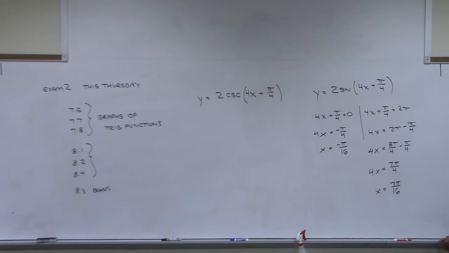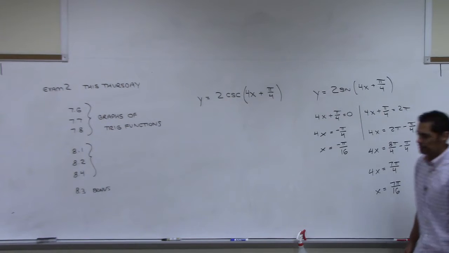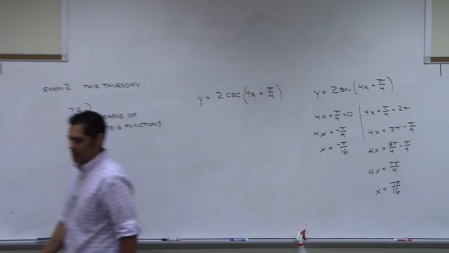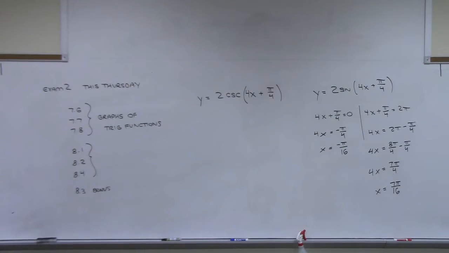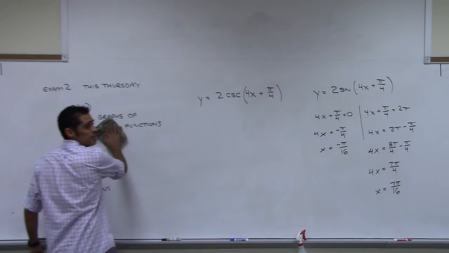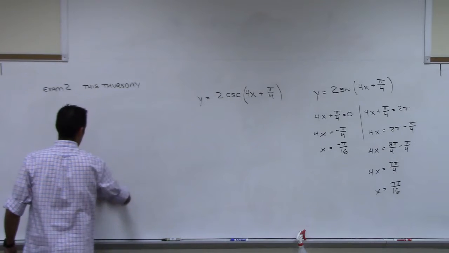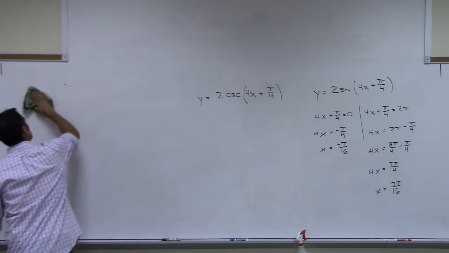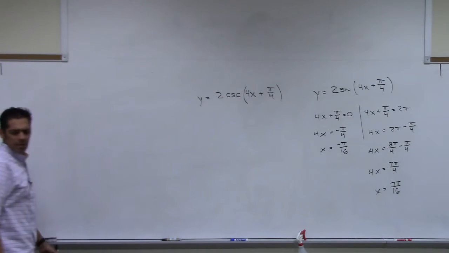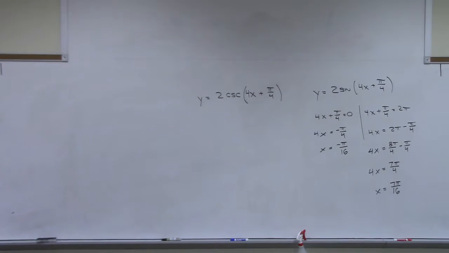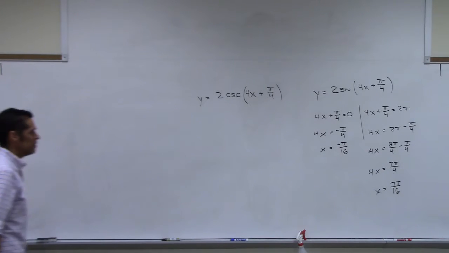Okay, what now? Draw a graph, a little number line, and plot those. Question: on the test, it's going to ask for the amplitude, the period? Yeah, let's get to that after the graph. Let's get the graph up first, and then we can talk about all that other stuff.